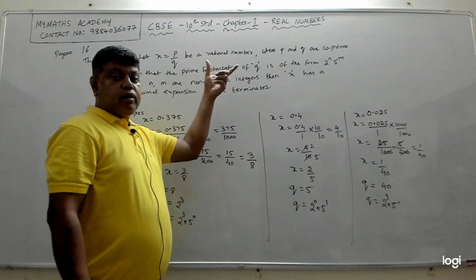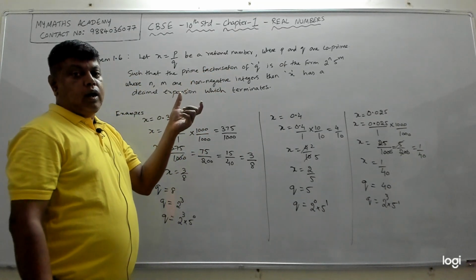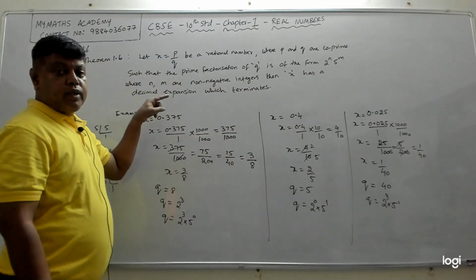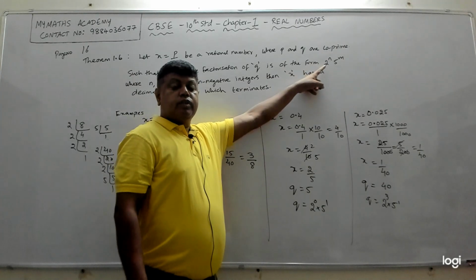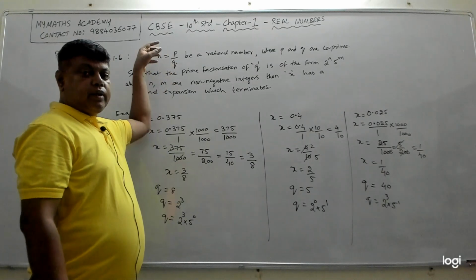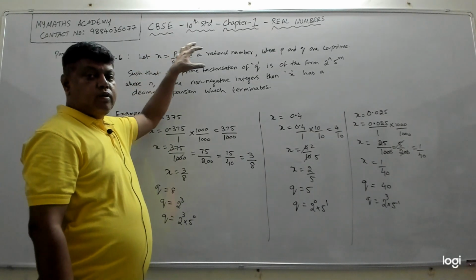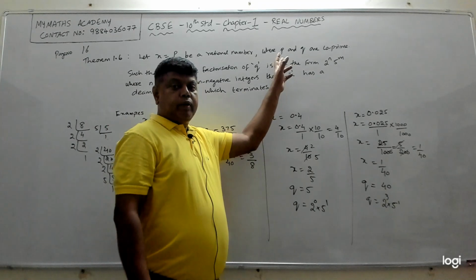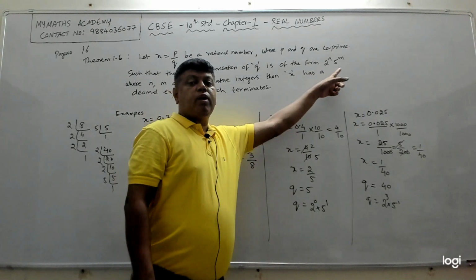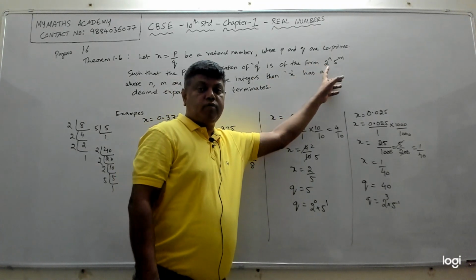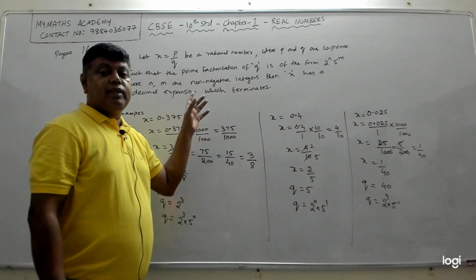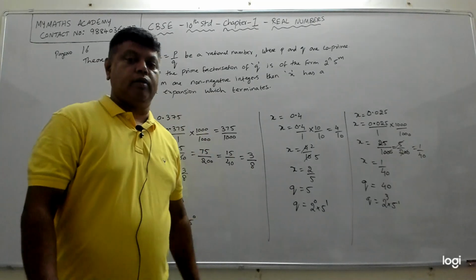At that time, when you find q and do the prime factorization for q, it will be in this form. But this theorem says if q is in this form, when you write x as a fraction and simplify, cutting out all the common factors so that p and q are co-prime, and if the denominator q is in the form of 2 power n, 5 power m, where n and m are non-negative integers, then we can say that x will have a terminating decimal expansion.